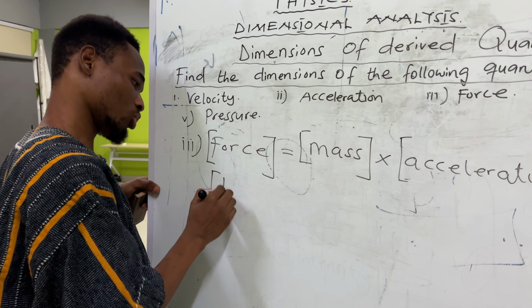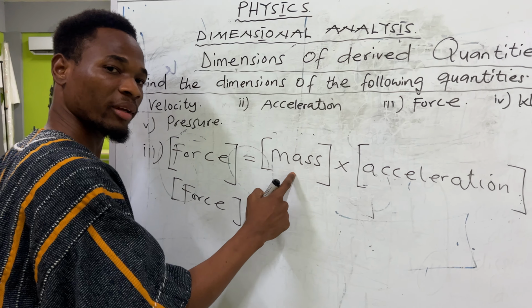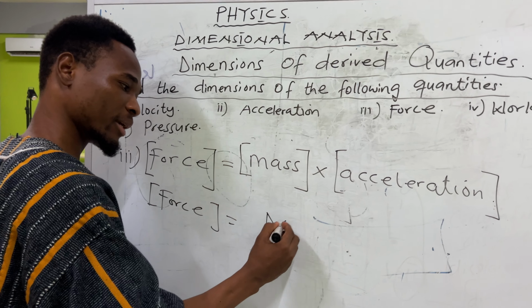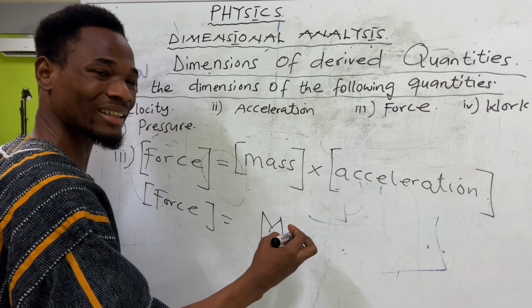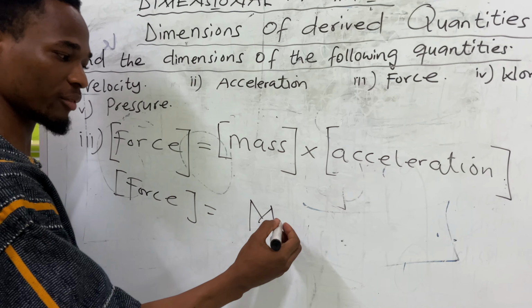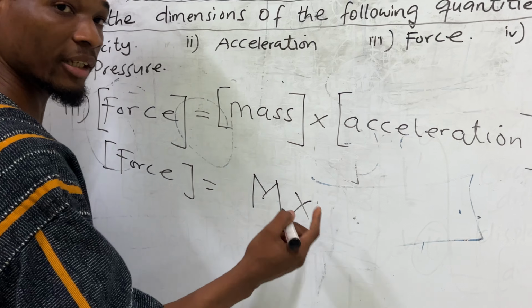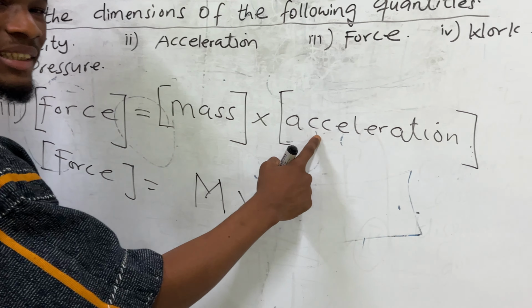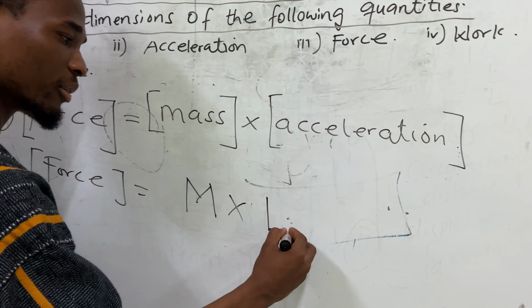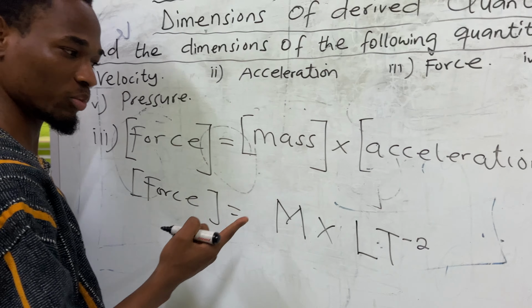Then the dimension for force will be: the dimension for mass is capital M, times, you can represent the dot to mean that you are multiplying, or you can say times, they are the same, the dimension for acceleration, which is L T to the power negative 2.